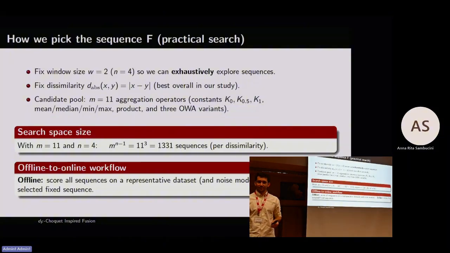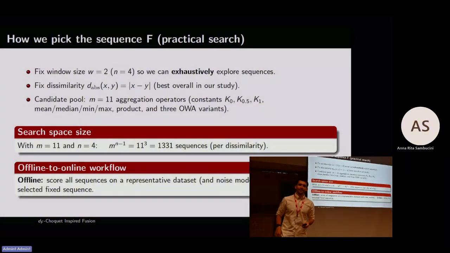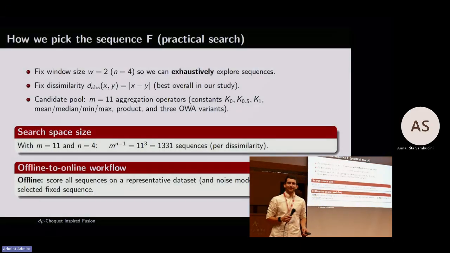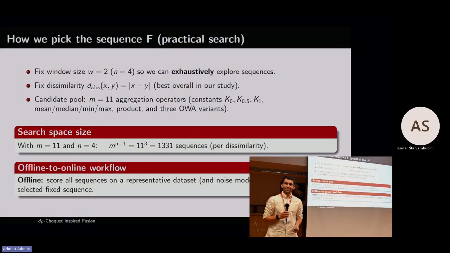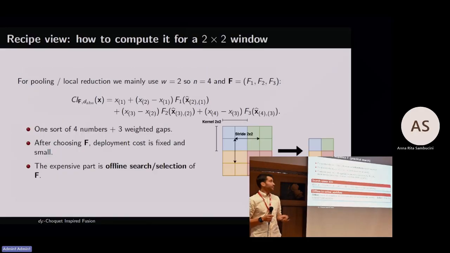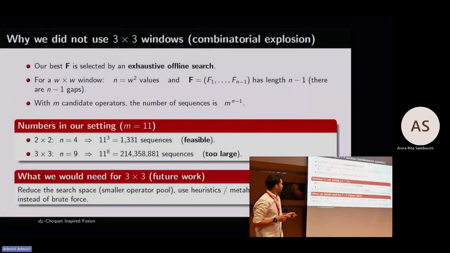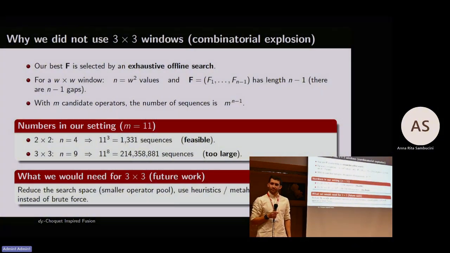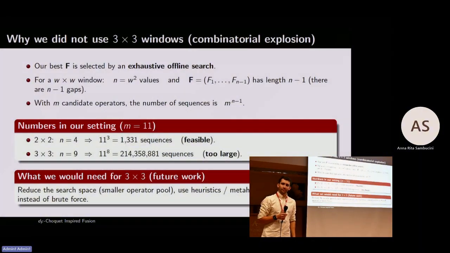Hi, thank you for your talk. I know it's not easy that your first talk is the first talk of the conference, so it was a nice job. My question is about the 2x2 window that cannot be extended to a 3x3 because of computational complexity. Would this exhaustive offline search be improved in some way, so that if a particular combination doesn't work, then a whole family of operators will not work?